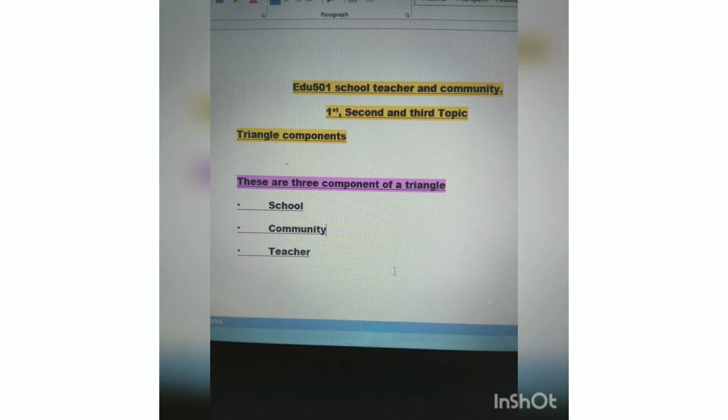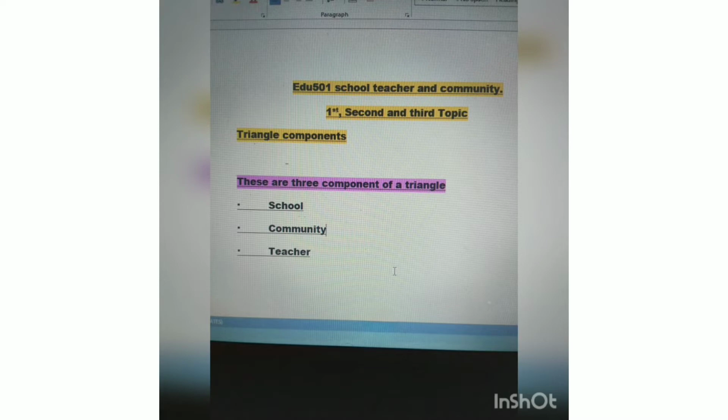If school and community are in harmony with one another and teachers are not collaborating with both, again we don't have good educational results. So, for good educational standards and to meet the targets and goals, we need the collaboration of all three components. Is that clear, dear students?